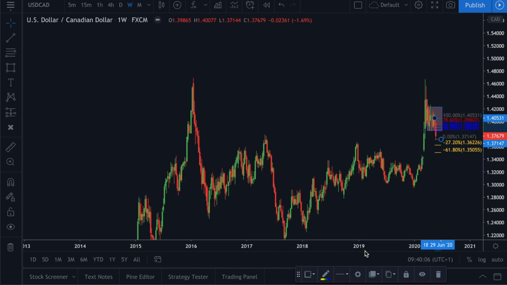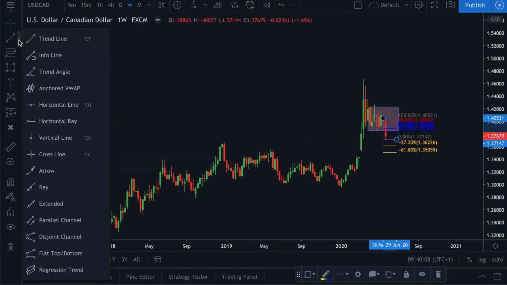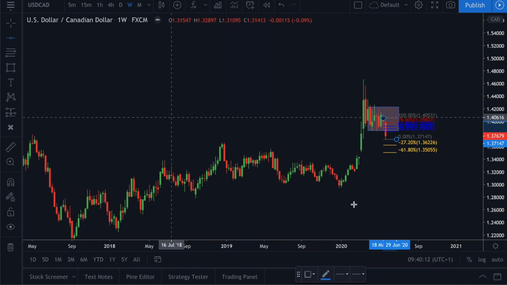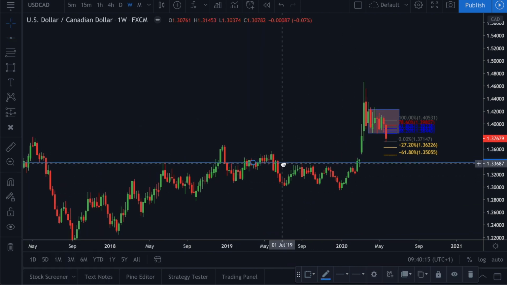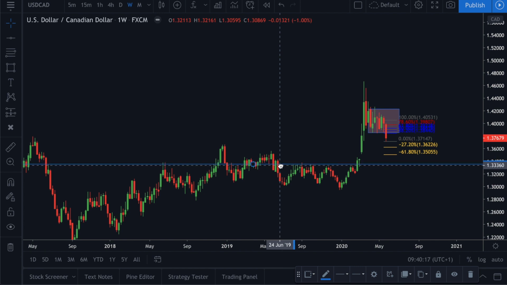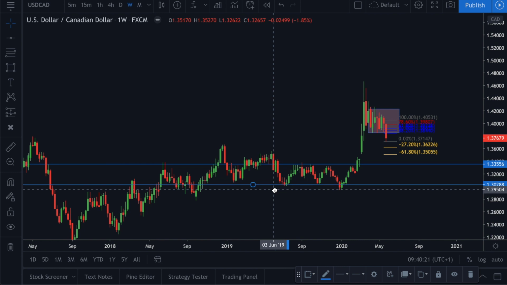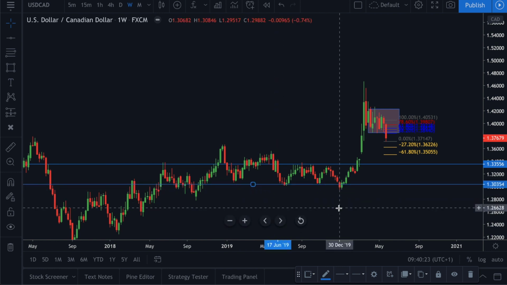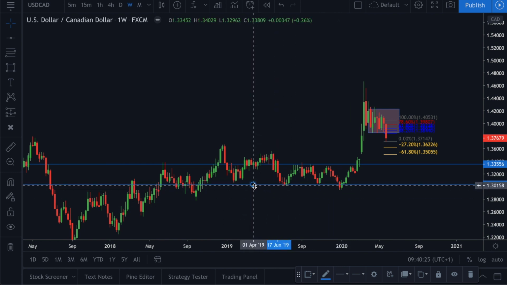If we go to the weekly, zoom out a little bit, what we can see is that's a potential level, and that there. They're not major levels.